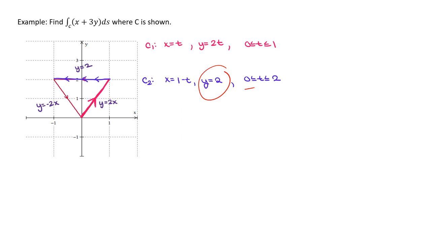But in terms of these integrals, because we're going to have to integrate along each path separately, it doesn't actually matter if your t values line up. So you can use any t values you want. What I did in this case, because I noticed that the x values were starting at 1, I just made x equal 1. And then they're getting smaller, they're decreasing, so I did minus t.